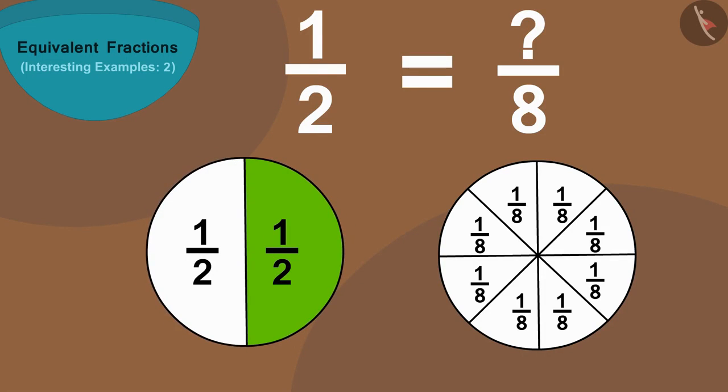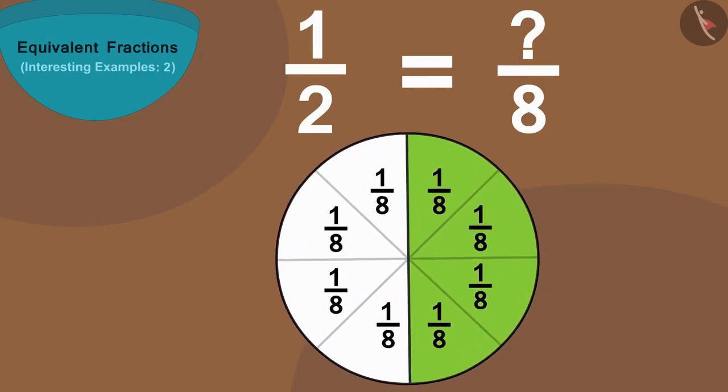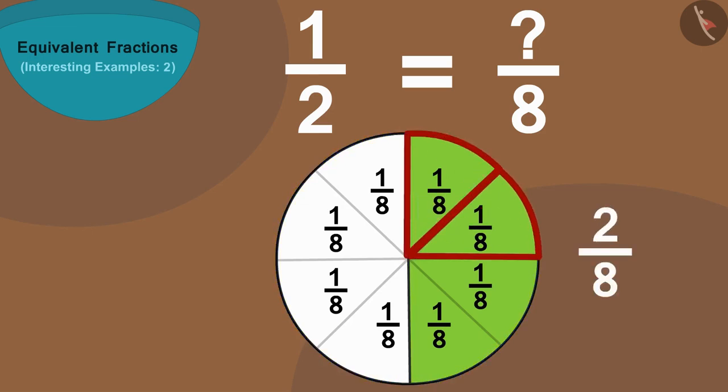If we put these on top of each other, then we can see that 8 parts of this circle are equal to 2 parts of the first circle, and 4 parts of this circle is equal to 1 colored part of the first circle.